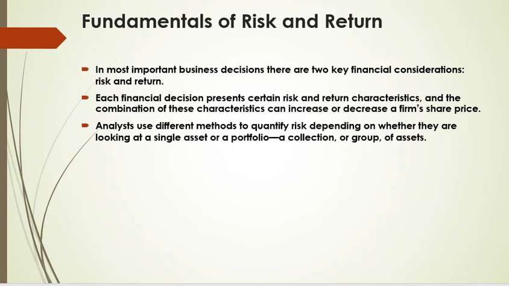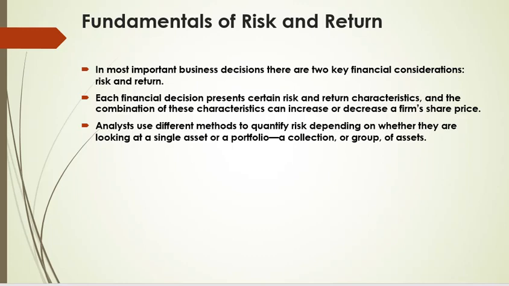There are two considerations whenever we make a financial decision. In fact, there is a theory in finance called the mean variance hypothesis. Essentially it says you can decide between any two assets as long as you know their risk and return. So in this case, we're going to be looking at the quantification of risk.